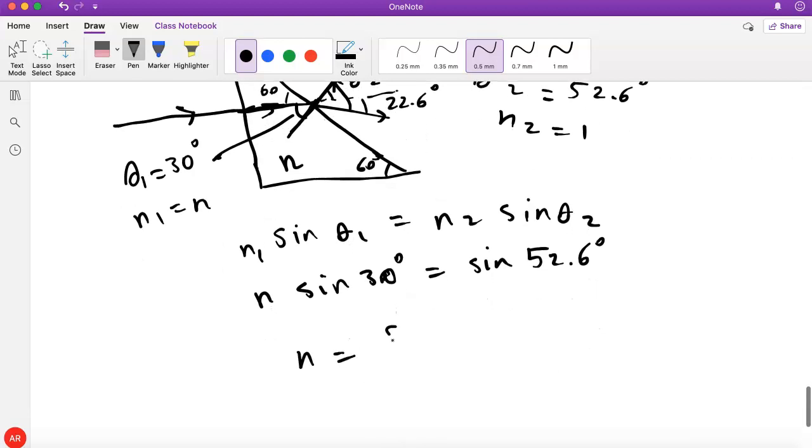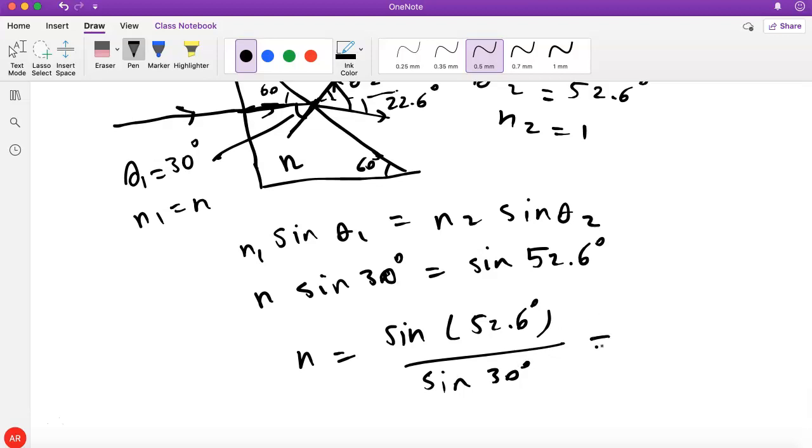Therefore, n becomes sine of 52.6 degrees divided by sine 30. Sine 30 is 1/2, so that's 2 sine 52.6, and let's see what that is.